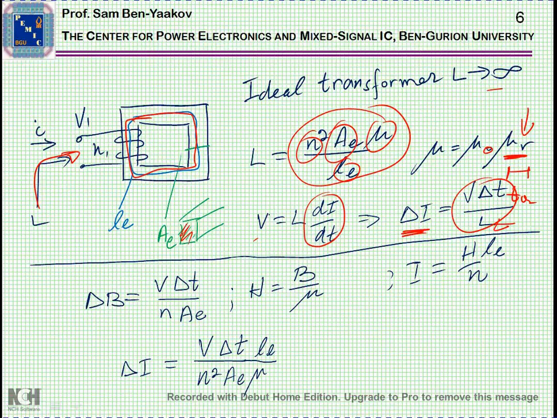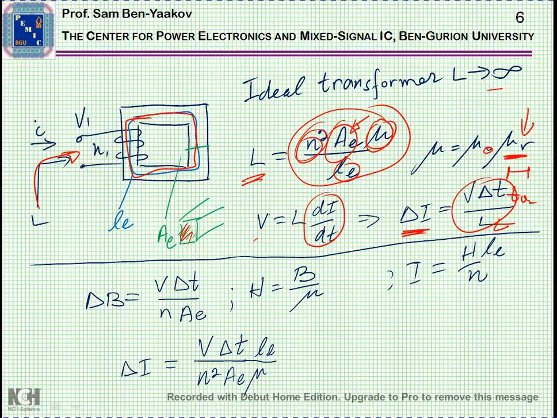So this is why you like L to be as large as possible. Now, to make L large, you can use a core with a larger cross-section area, a larger number of turns, and a mu which is large.